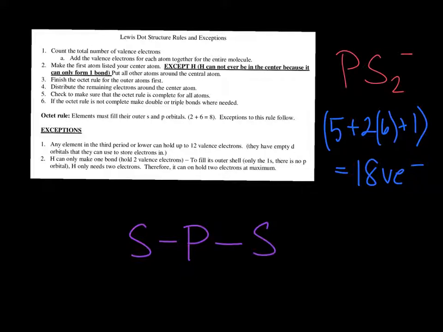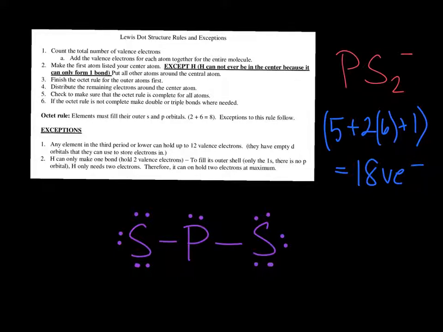So I've got 2, 4 in the bonds, and then 6, 8, 10, 12, 14, 16. Now I still have 2 left. So it says number 4, distribute the remaining electrons around the center atom. So I've got 2 there. And so that's all 18 electrons.